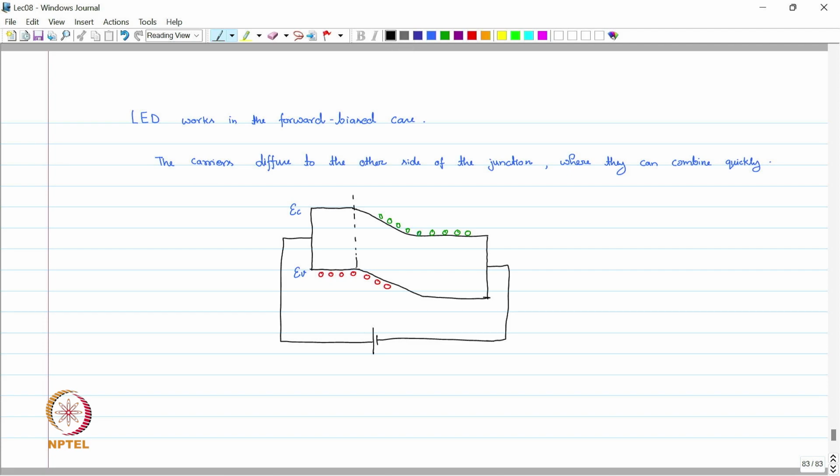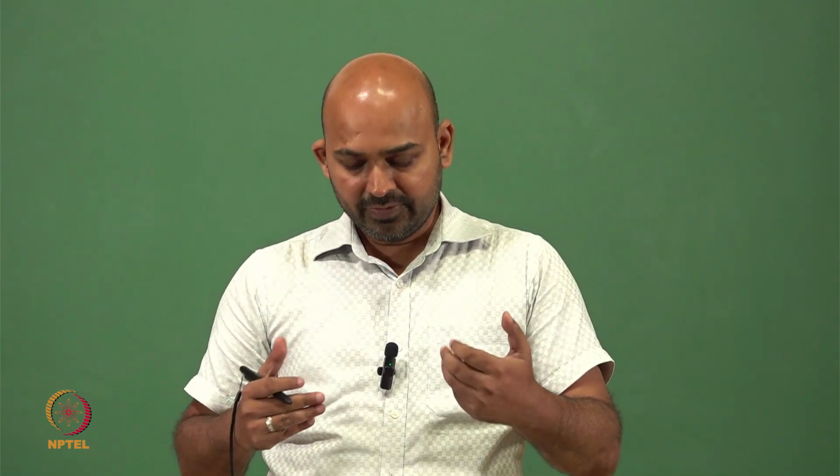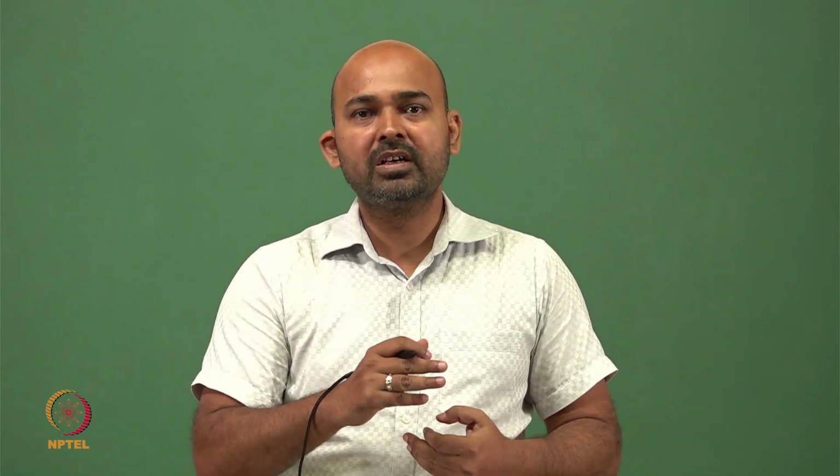This is the intrinsic region, or the depletion region. So now we apply a forward bias across this device. Now electrons and holes will see a field which is pushing them towards the other side.